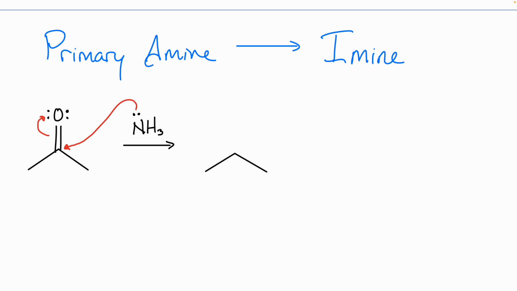All right, so my oxygen's accepted that pair of electrons. So now it's got 3 lone pairs, which means it's got a negative charge. My nitrogen now continues to have those 3 hydrogens bound to it.